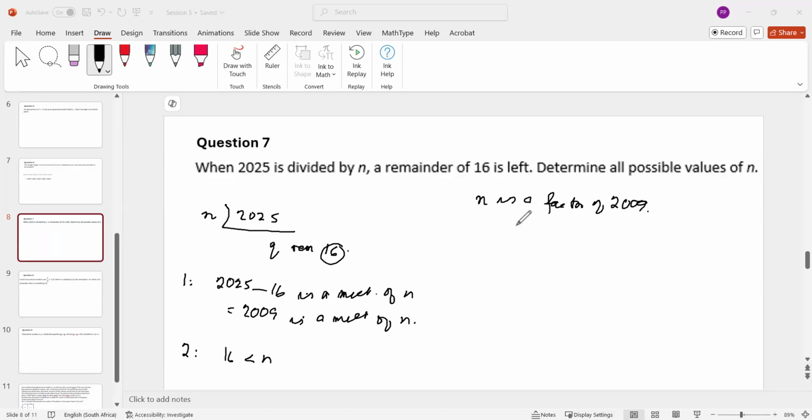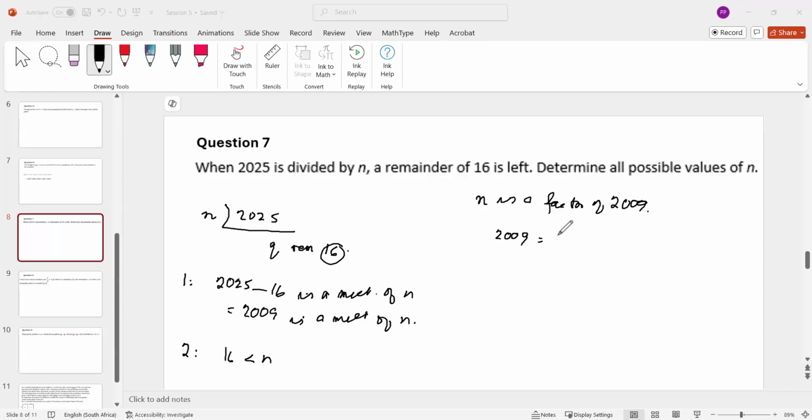Now, when you try to work out the factors of 2009, you can try 1, 2. 2 definitely not, 3 definitely not, 2 plus 9 is 11, 4 obviously not, 5 obviously not, and 6, well, this has to be even.